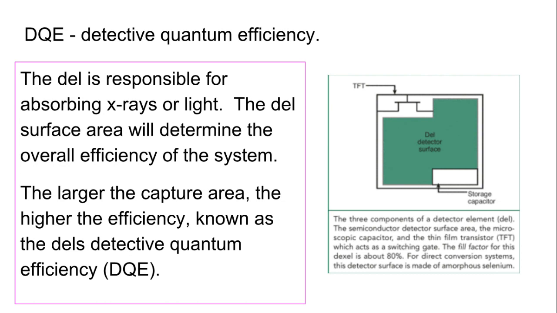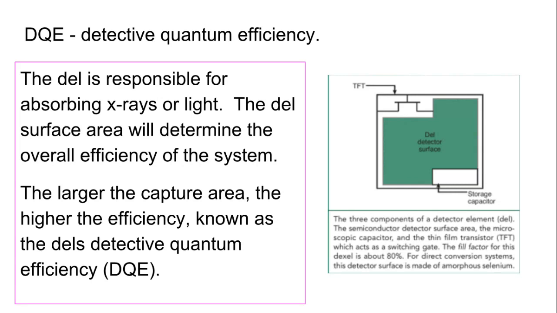So what is happening here, and where does detective quantum efficiency, or detector quantum efficiency, DQE, come in? As we said, this dexel detector element is responsible for either absorbing X-rays or light based on a previous conversion from X-ray to light.